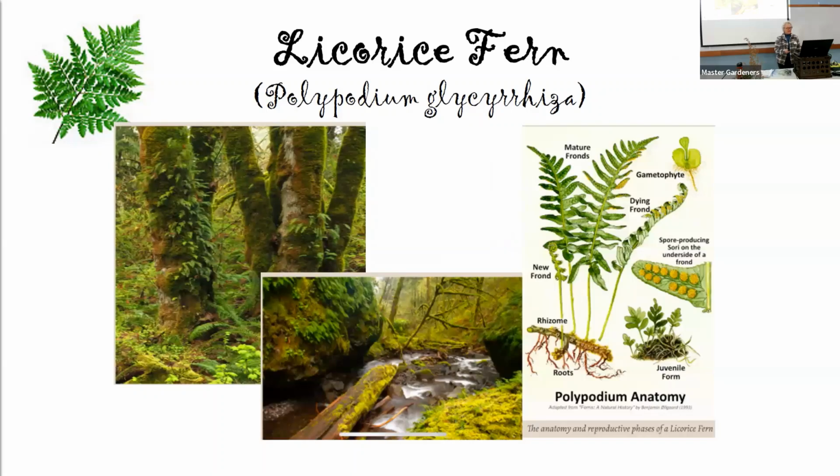All right, licorice fern. This is a cool little fern, Polypodium, which just means that they have many feet because they send out a rhizome, and from that rhizome a single frond will come up. You'll find them in the wettest habitat that we have around here.